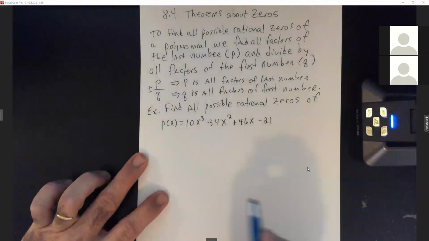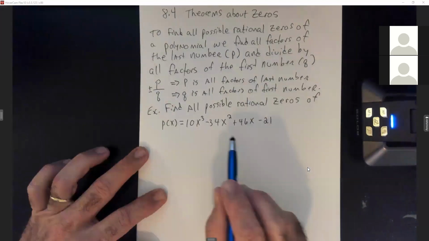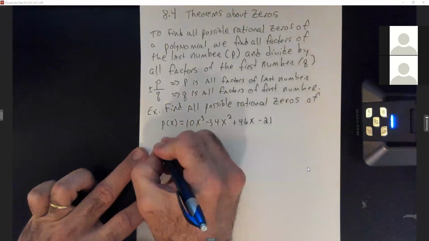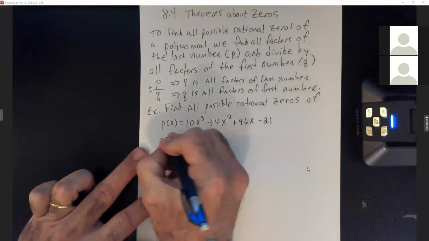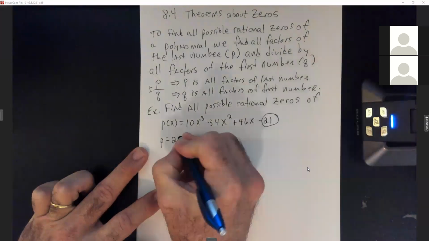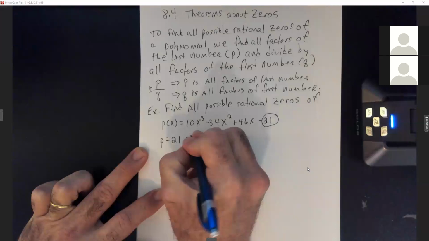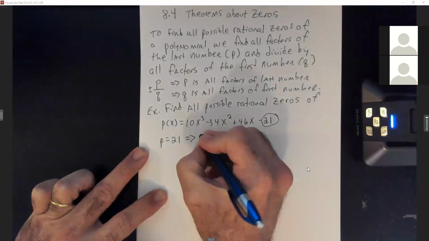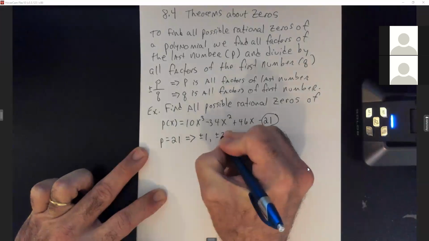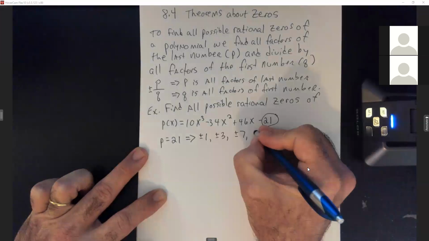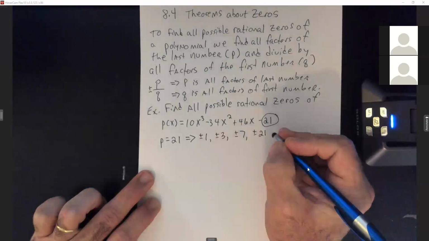So to find all the possible numbers that I want to look at, I'm going to figure out what my P and Q are. So my P is going to be my last number, which is my 21. So all the factors of 21 could be plus or minus 1, plus or minus 3, plus or minus 7, and then plus or minus 21.